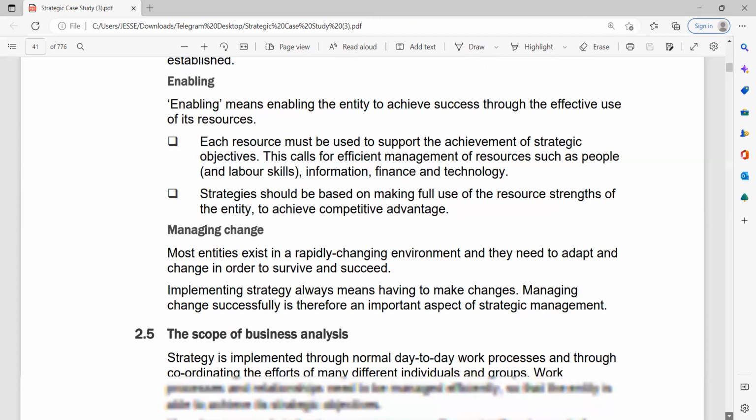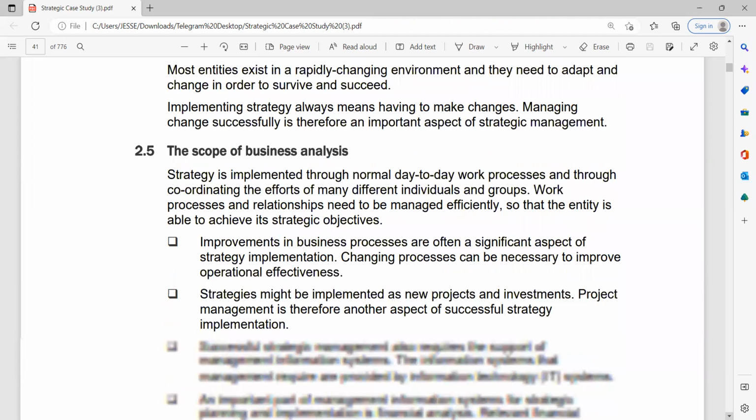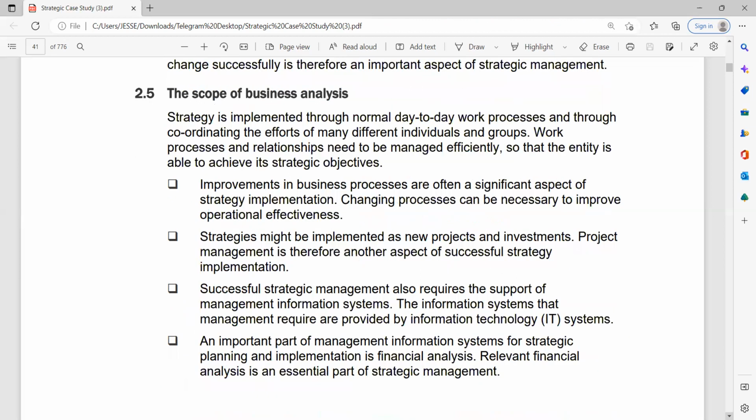Now, let's move on to the scope of business analysis. What's the scope of business analysis? When we talk about the scope, we are looking at the entirety of business analysis, right? Strategy is normally implemented through operational processes and through the coordination of different efforts of individuals.